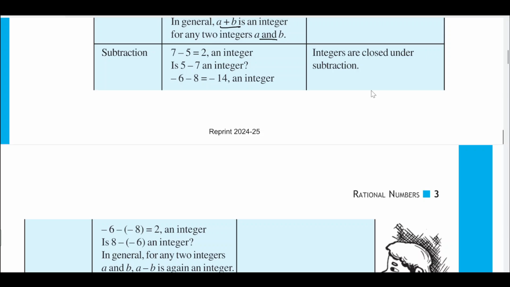In case of subtraction, 7 minus 5 is 2, an integer. 5 minus 7 gives minus 2, also an integer. Minus 6 minus 18, minus 8 minus 14, are also integers. So we can see that integers are closed under subtraction.